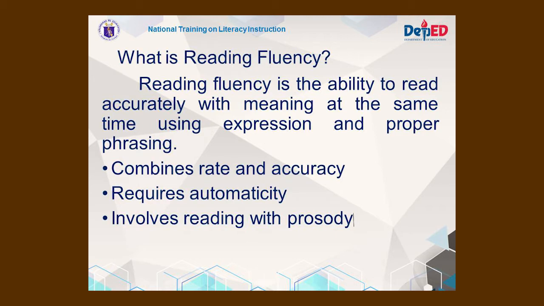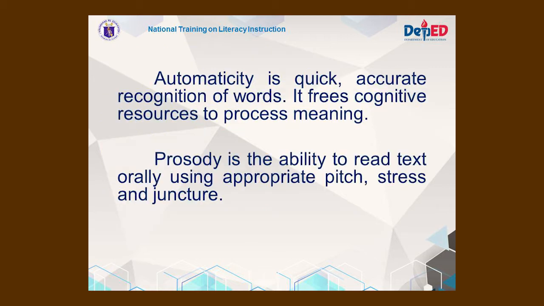Fluency is the ability to read like you speak. Para bagang yung binabasa ninyo po, ito yung parang binibigkas na lang ninyo po. And fluency includes speed and accuracy and proper expression that it can be performed without conscious action.